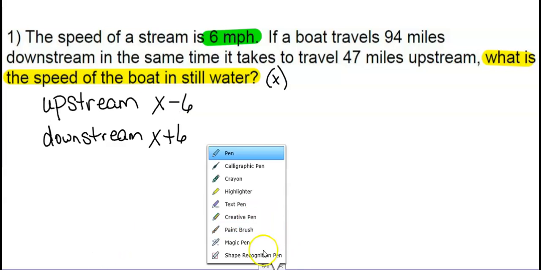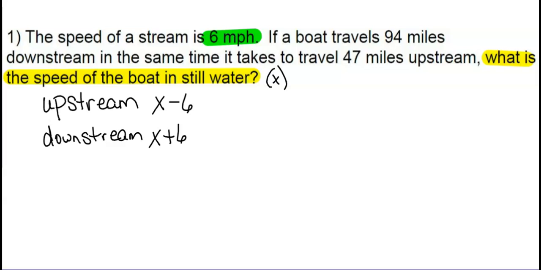Okay, so let's look at some more of this problem. I'm just going to do some different colors here. What matches the downstream speed? Well, no, let me look at the upstream. I'm sorry. Upstream speed is X minus 6, okay? The boat travels 47 miles upstream, so 47 miles would be the matching item for this number right here.